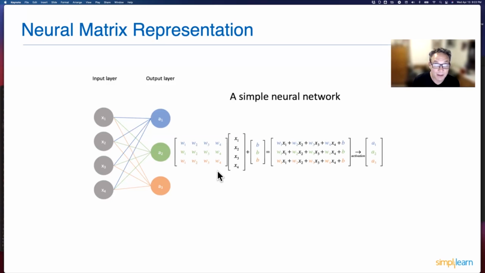If we want to write that same function we wrote before with a matrix, with linear algebra, we would write it like this, where these blue lines are for the blue weights, the green lines are for the green weights, and the orange are for the orange weights for this third one.